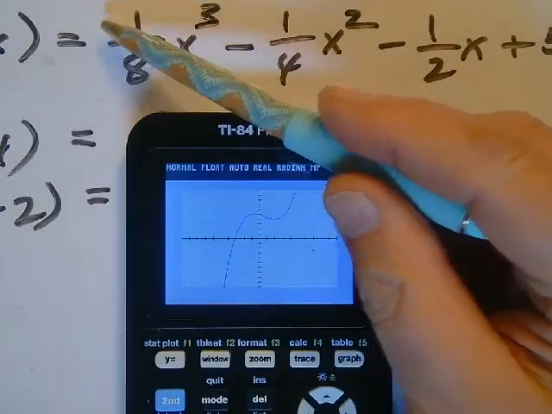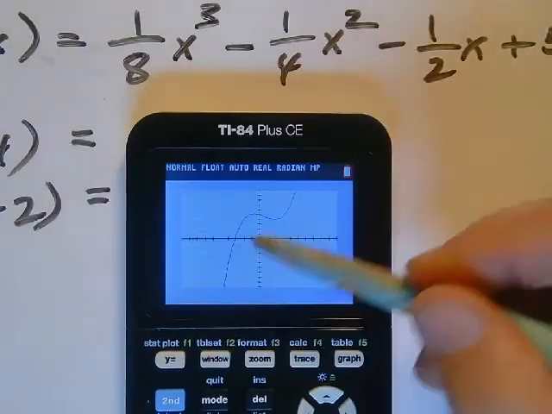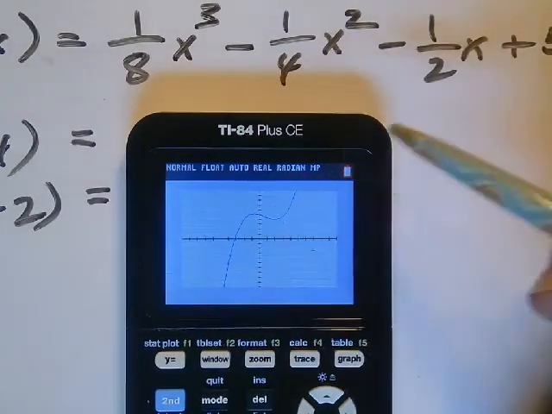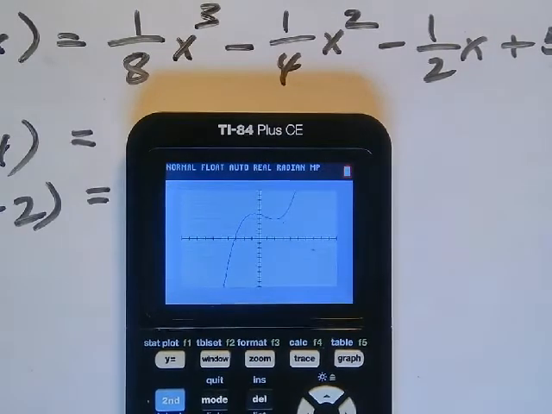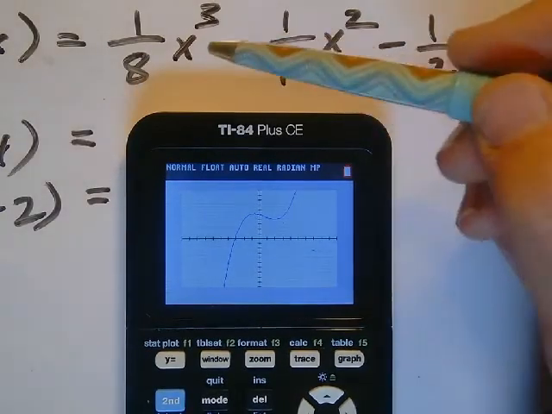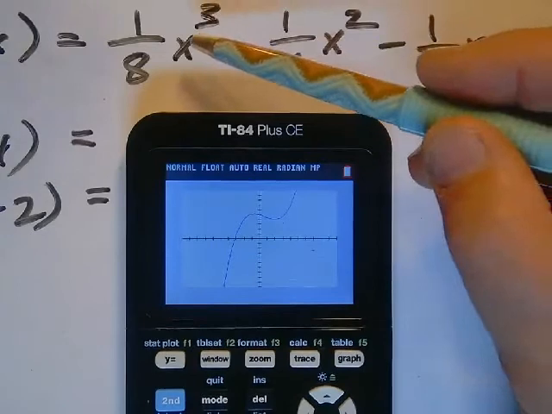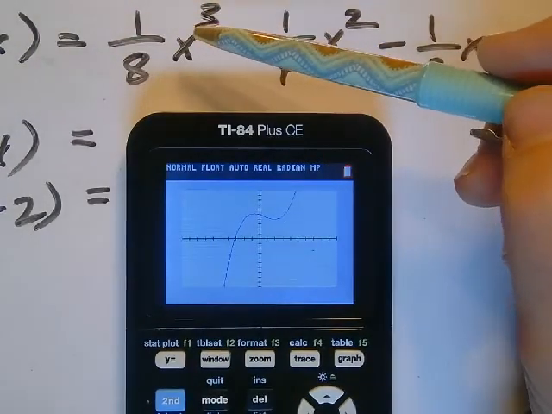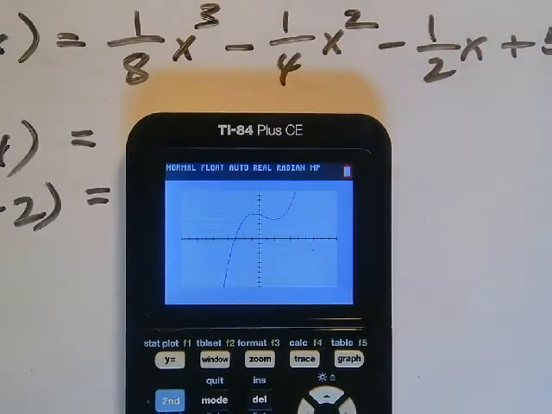So that plus sign out in front of the 1/8 is telling me it should lean to the right here. So anyway, that's just a little reinforcement. You can tell when you've graphed something if maybe some of it's not showing on your graph by looking at this end behavior idea. You need to be able to tell that. That's not something that the calculator is going to help you with always.